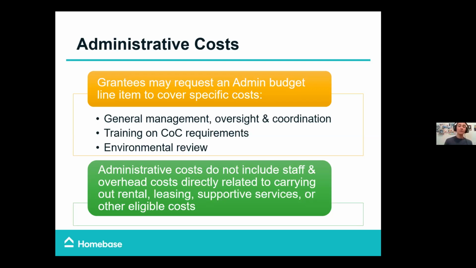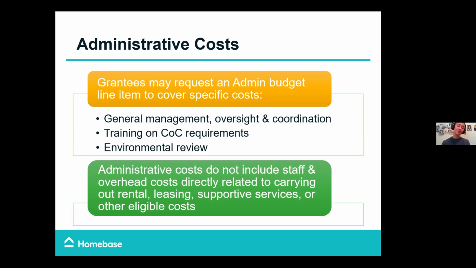In the CoC grant context, when HUD says administrative costs, or when you have an admin line item in your CoC grant or in a sub-grant that has CoC funds in it, that admin line item is intended to cover a specific set of itemized administrative costs that are outlined in the CoC interim rules. So we're going to go over what those costs are. You can use your admin line item to cover what HUD calls general management oversight and coordination. We'll go over that in a second.